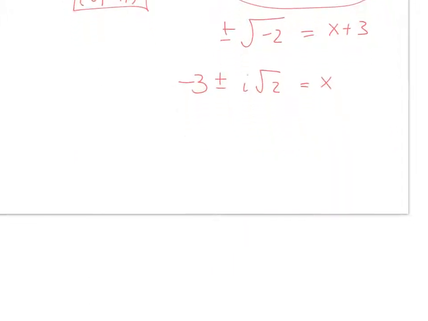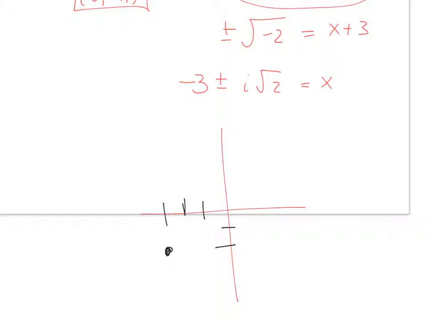Go ahead and draw yourself a graph, please. The vertex was what again? What was the vertex? Go back up, James. -3, -2. So I go over 3, and I go down 2. And I put a point there. There's my vertex, right? We all see that? Which way does this graph open?